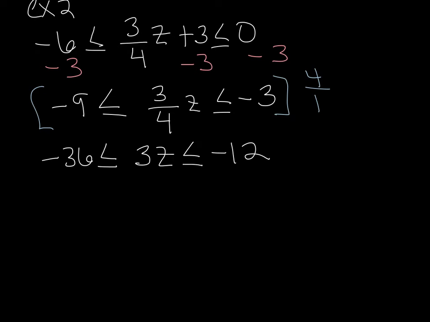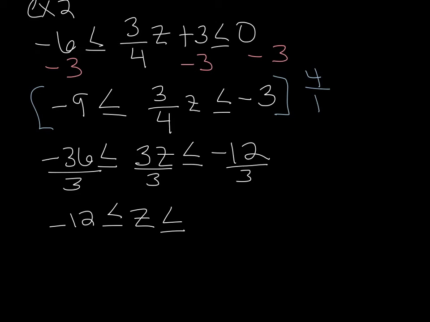And then I just have to divide. So I divide everything by 3. And when I do that, my final answer is minus 12 is less than or equal to z, which is less than or equal to minus 4.